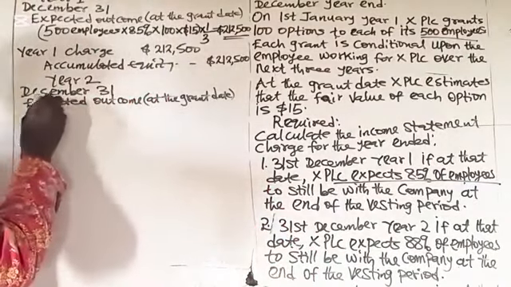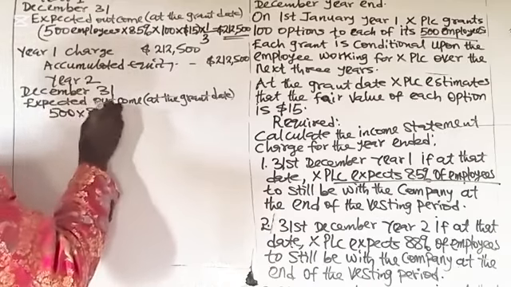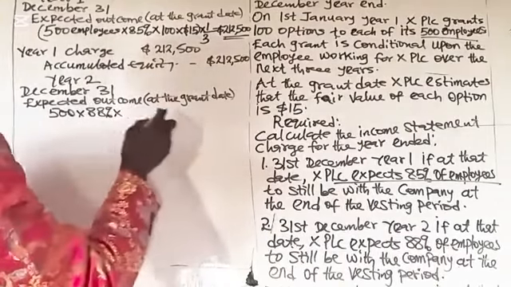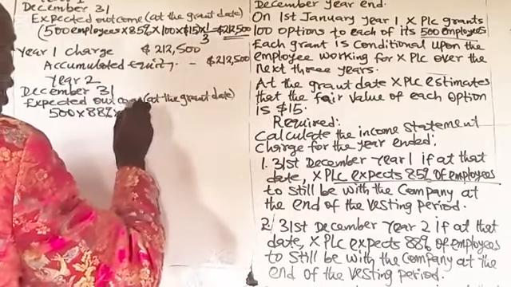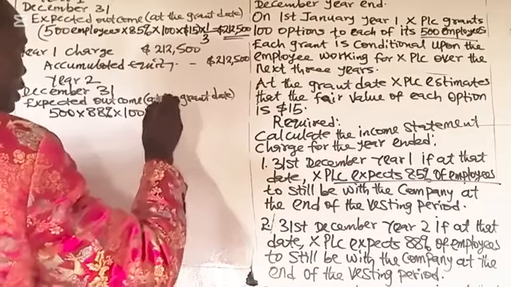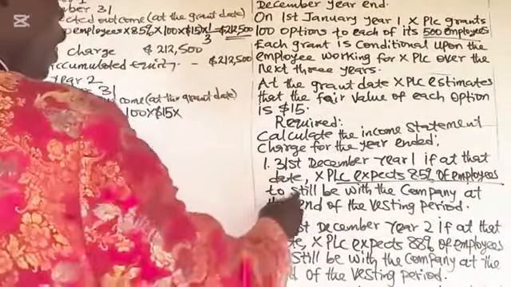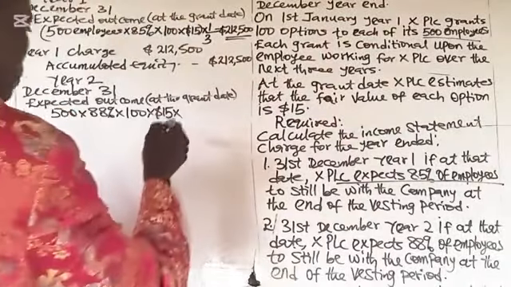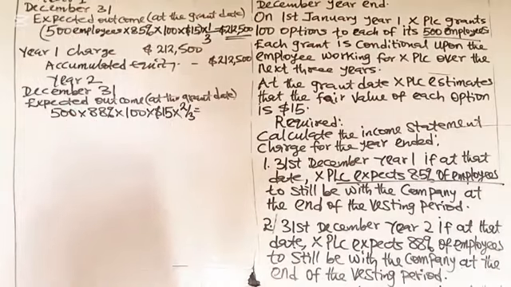You have 500 employees, then 88% is expected to be with the company, times the vesting share options. We have 100 share options. The market price is $15. This is the second year of the 3 years period, so we multiply by 2 years out of 3. This will give you the cumulative amount.